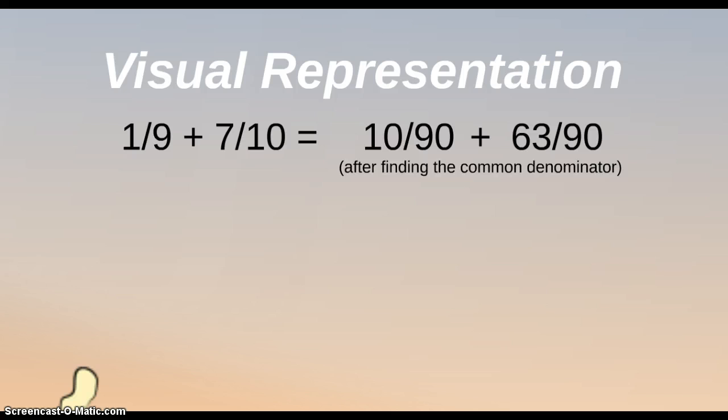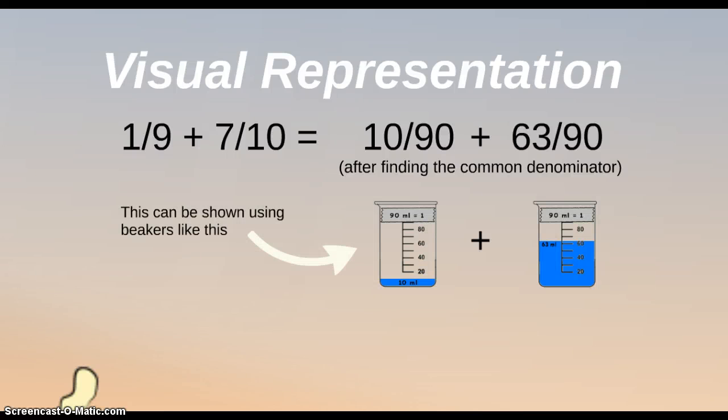So for example, if we have 1 over 9 plus 7 over 10, you can find the common denominator, which is 90, and then the numerators would change to 10 and 63. This can be represented using a beaker. You can put a piece of tape on the beaker and show the students at 90 milliliters, that means 1.